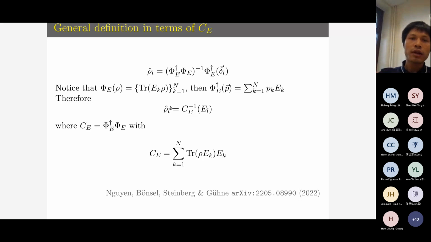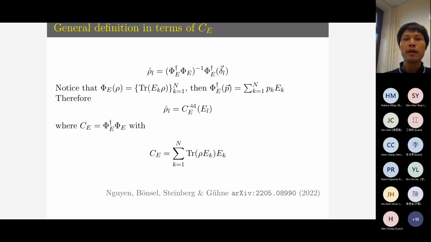Now let's try to connect to what we had before. For example, the definition of the measurement channel C_E. How do we define C_E? If you look at how phi_E is defined as before, and phi dagger, with just a few lines of calculation you get phi dagger like this. And then you see that you can define C_E as phi_E dagger phi_E, and then you get exactly this formula here.